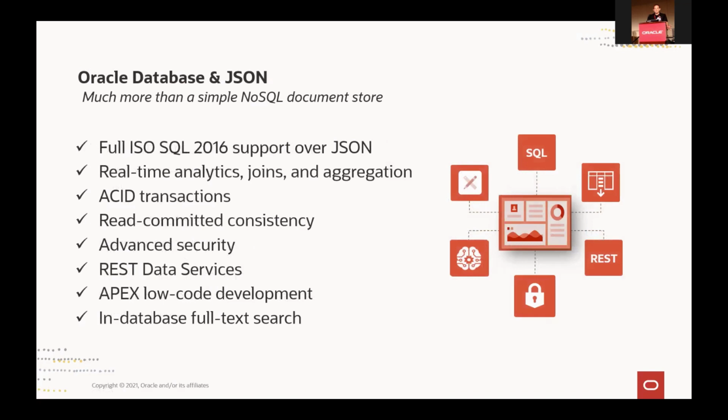At Oracle, we want you to have your cake and we want you to be able to eat it too. So we want you to have all of the benefits of JSON, but we also want you to have all of the benefits of the Oracle database. So full ACID, your transactions are going to be durable, consistent.